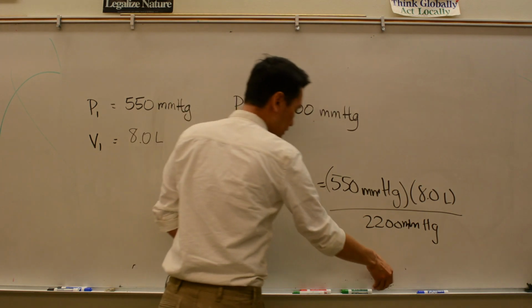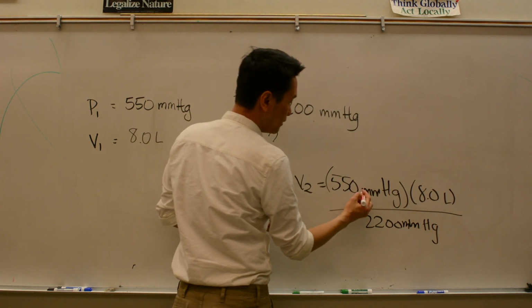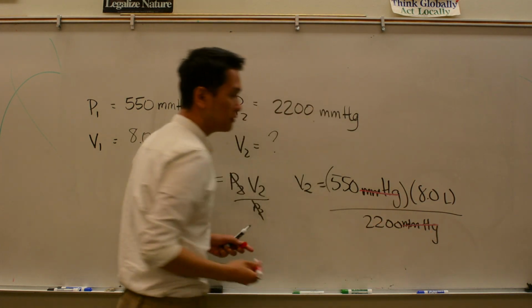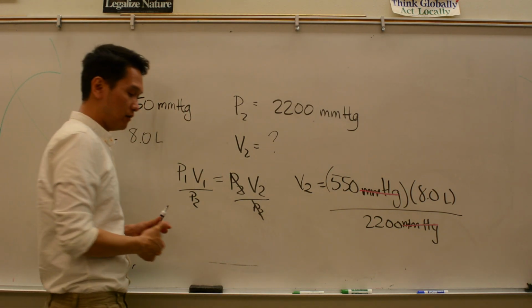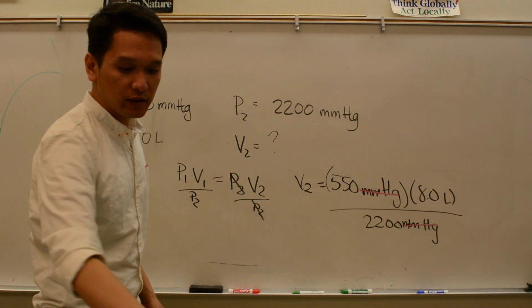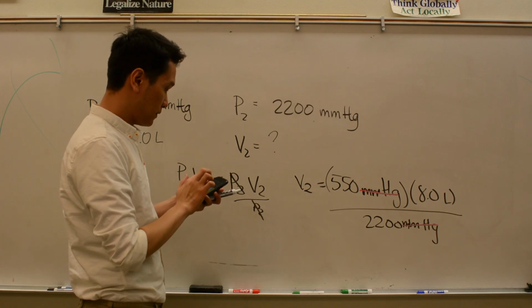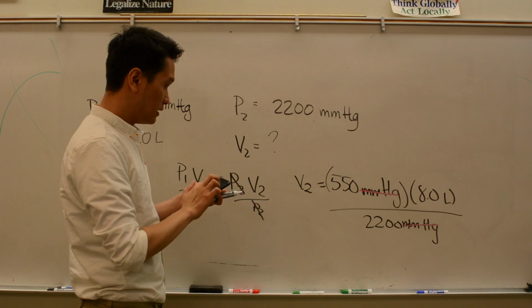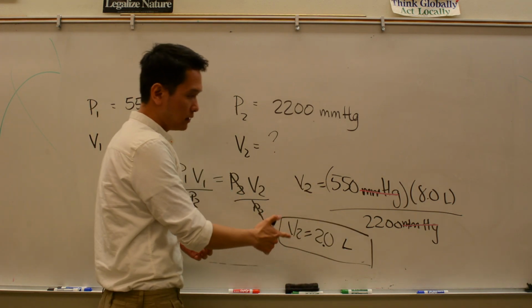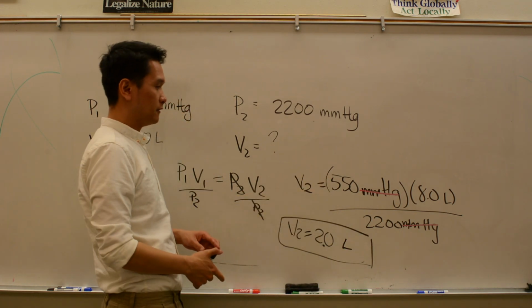Again, unit analysis tells us that the millimeters of mercury will cancel, giving us units of liters. You do this on your calculator, and what do we get? 550 times 8 divided by 2200, giving us 2.0 liters. Right?